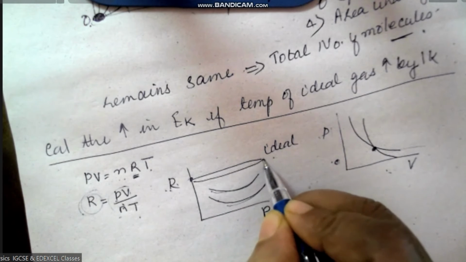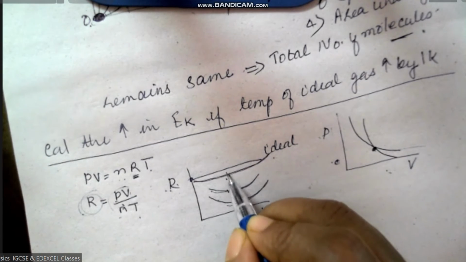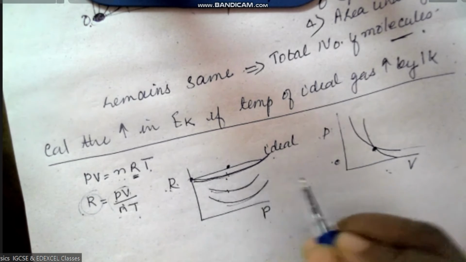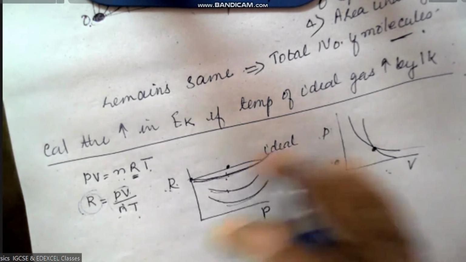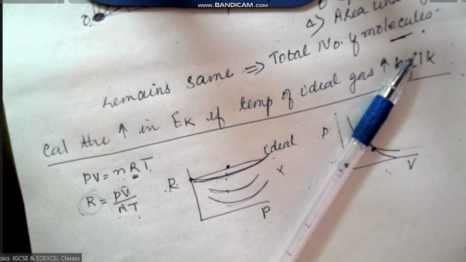If you further increase the temperature, the graph may be like this. So real gases behave like an ideal gas at high temperature and low pressure. There are many graphs that try to explain these things, but we don't have any gas in the universe obeying all the ideal gas concepts.